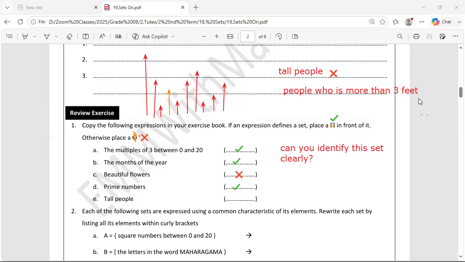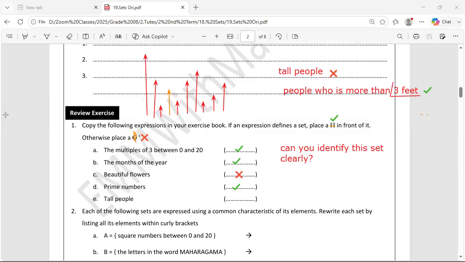You can clearly identify. So you are going to select the people who are more than 3 feet. You can clearly identify them.